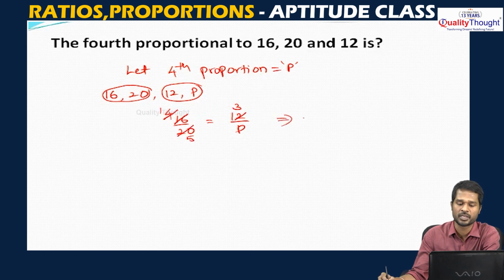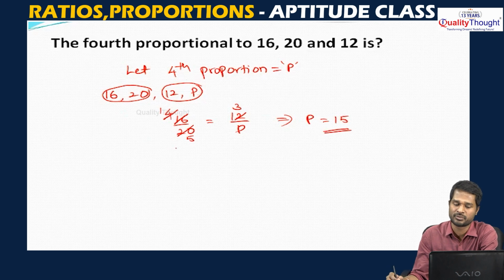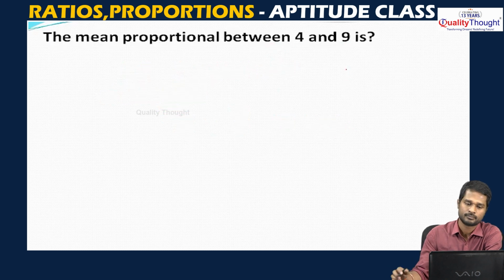So go for cross multiplication. P into 1 is P, 5 into 3 is 15. So the fourth proportion of 16, 20 and 12 is 15.